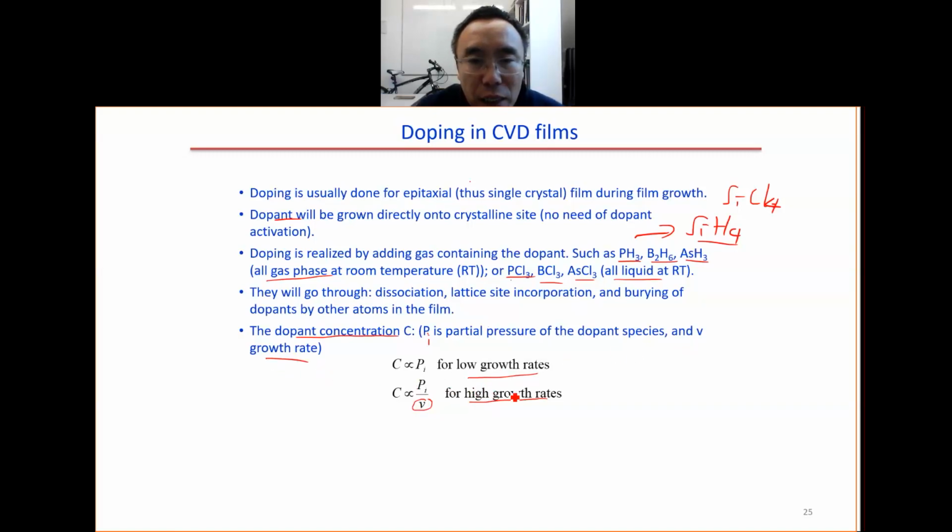So you can imagine the faster the growth rate, there is less chance for the dopant to get into the film. This is not obvious, because I think the faster growth will give you less dopant. But here, you don't need to worry too much about the details of this doping mechanism.